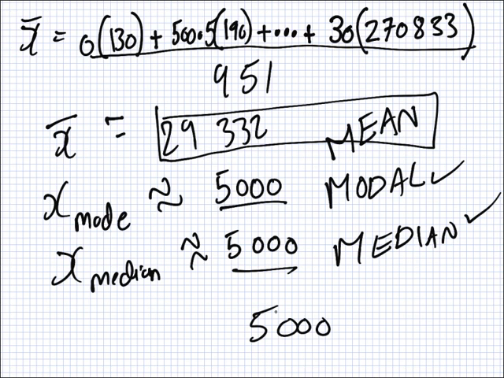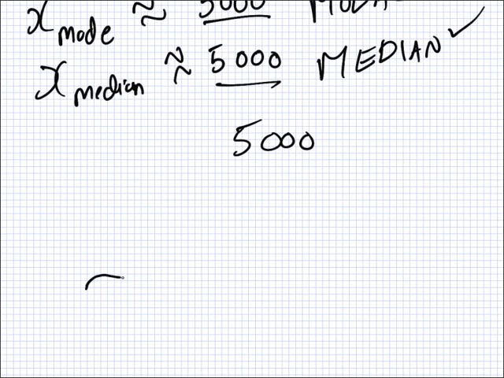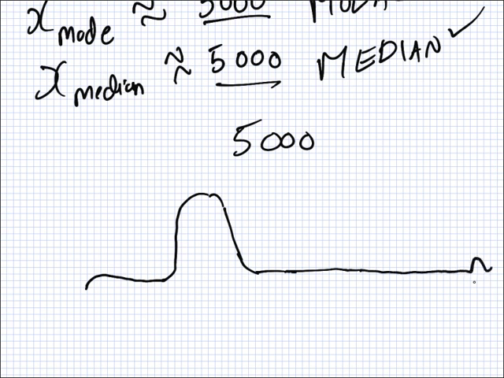You know what I mean? 5,000 is the number that splits the people 50-50. Half the people have more, half the people have less. And also 5,000 is the most common amount people have in their savings. So what's happening is you have lots of people with a little bit in their savings, a lot of people with 5,000, then some people with a little bit more, but then you have a small group of people out here that have a tremendous amount, and this is bringing the average up higher.